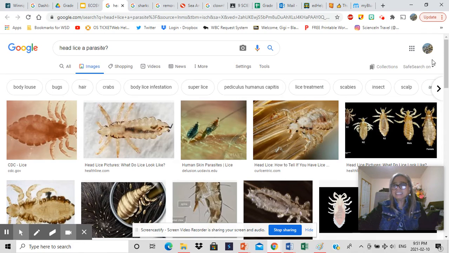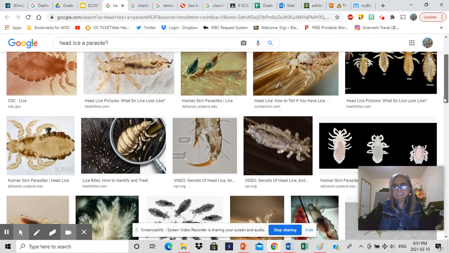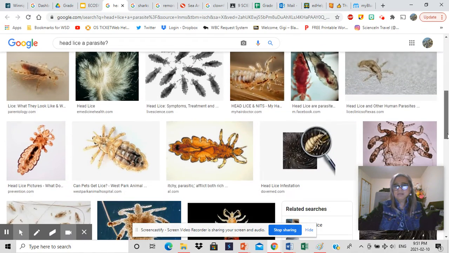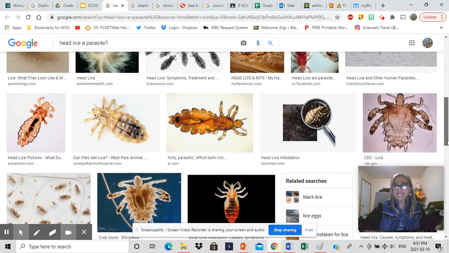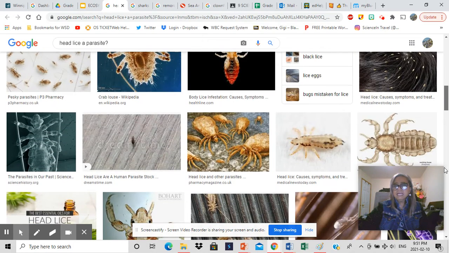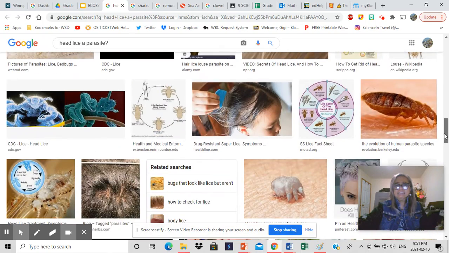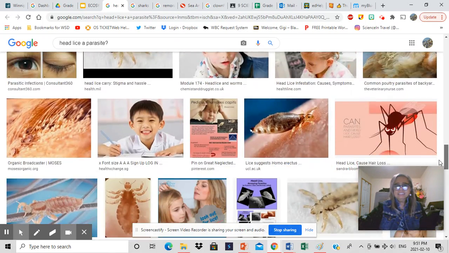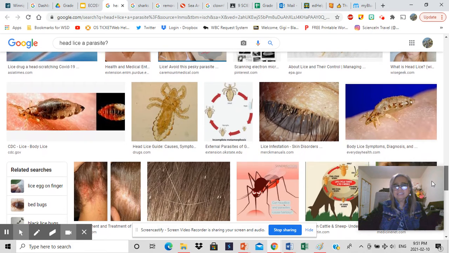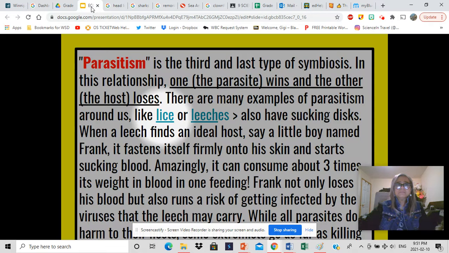Ooh, the kind of itchy, right? Itchy and not good. That's why you have to use medicated shampoos to get rid of them. So it can be on hair, yucks, right? And would you believe, even on eyelids? Ooh, gross, right? Now, these are all parasites.